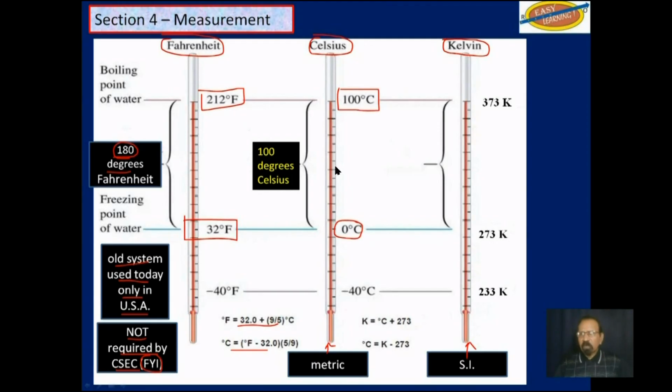And so from 0 to 100, you have 100 degrees Celsius. And in the Kelvin scale, water freezes at 273 degrees Kelvin and boils at 373 degrees Kelvin. So from freezing water to boiling water, you have this same 100 degrees difference as you have for Celsius.